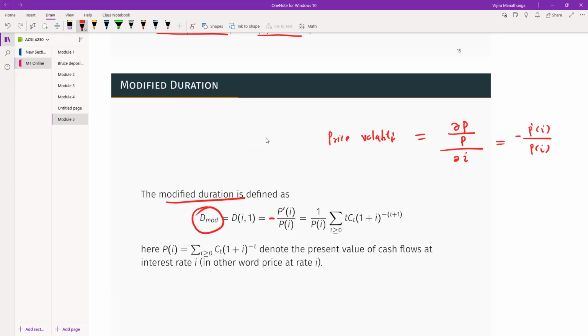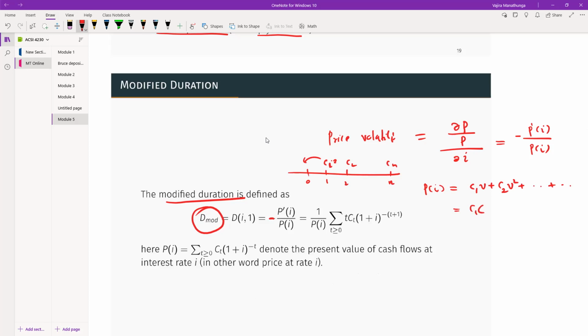And if I write the price P(i), how do you calculate the price? Let me draw the timeline. Here you have the cash flows C1, C2, up to Cn. The price would be C1 times v plus C2 times v squared, and so forth.